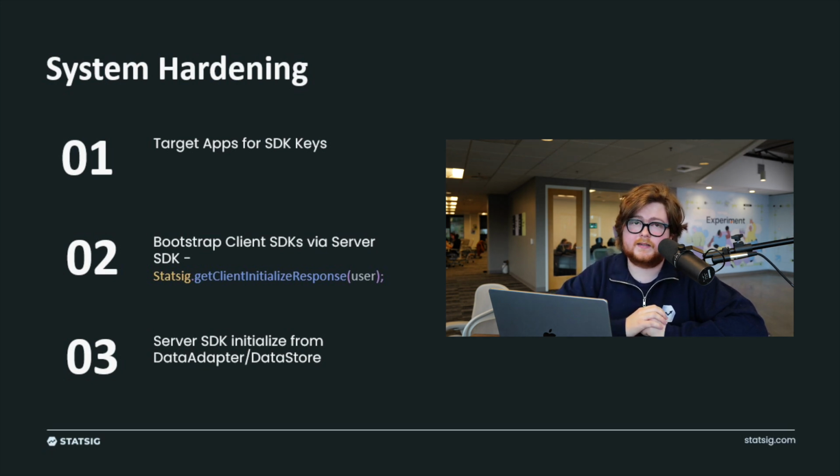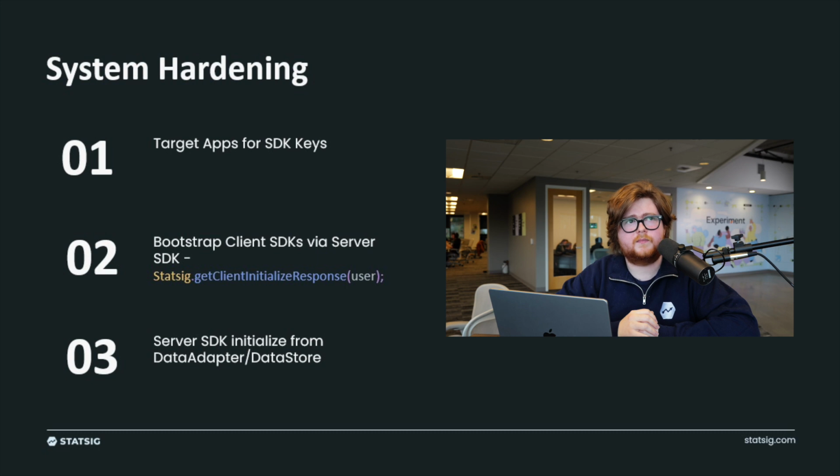The servers have the whole rule set, so they actually have enough to evaluate all of the gates for a given user and just pass that information right back to that client SDK. So that's a way to be like, hey, even if Statsig went down, our servers will keep serving brand new client SDKs. So end users won't see the impact as long as our servers keep running. And of course, it reduces the latency of that round trip.